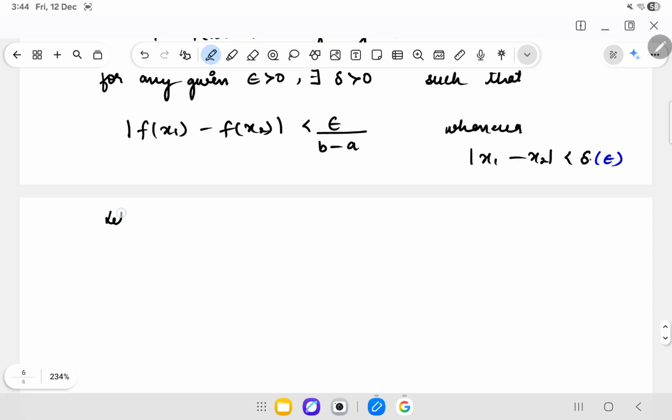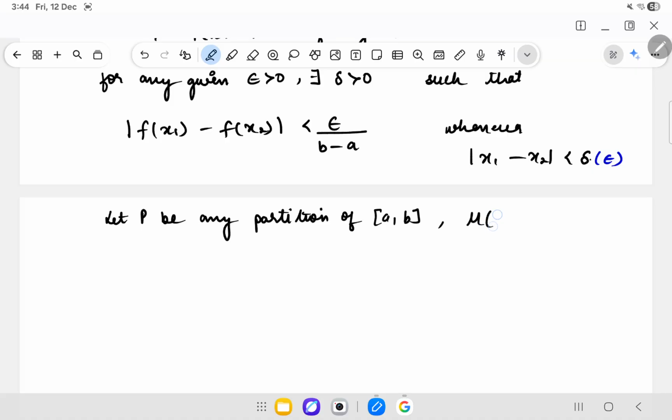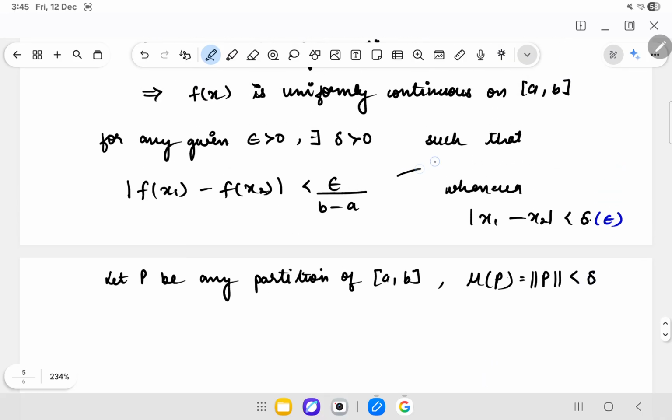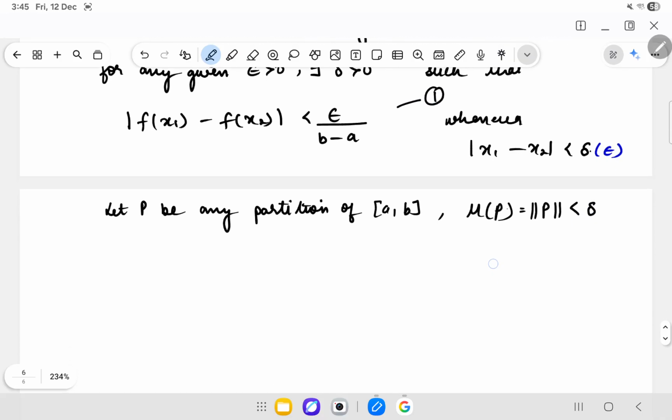Now let us assume that P is any partition of [a, b] with norm of P less than delta. Let's name this as equation 1 for convenience.